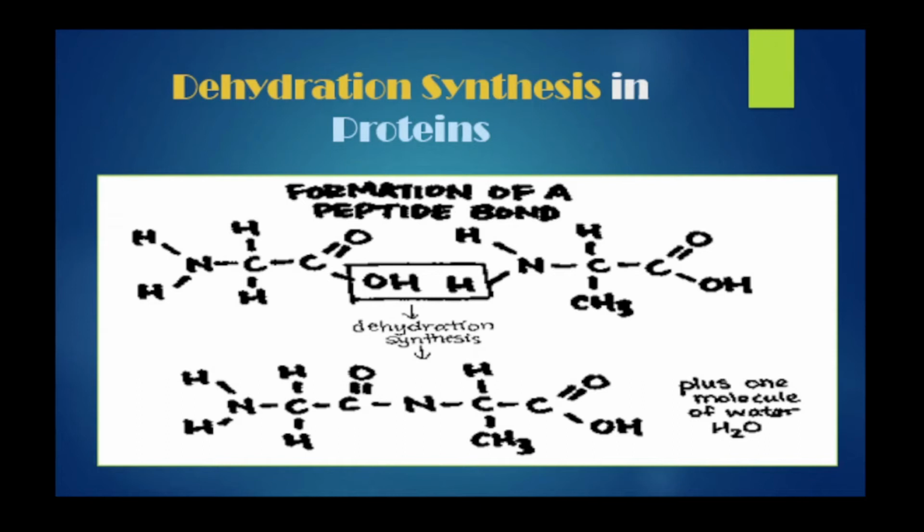We have here the carbonyl group, and this one is the R group. In the R group, there are 4 types. That is where the choices lie on how a protein will synthesize or produce a new product.